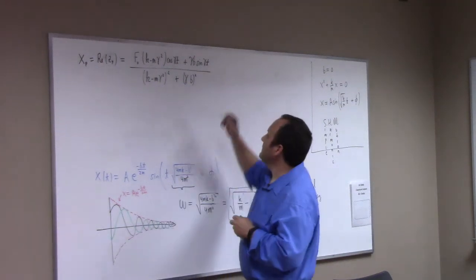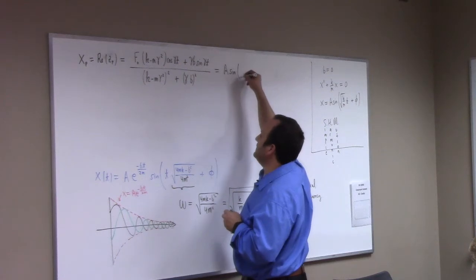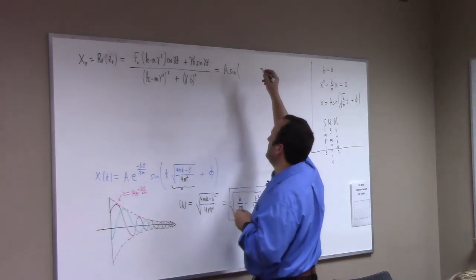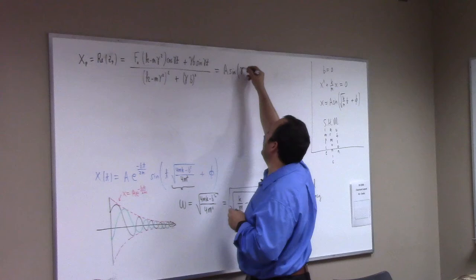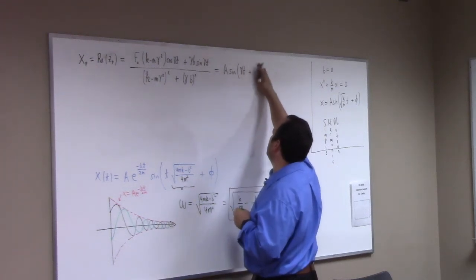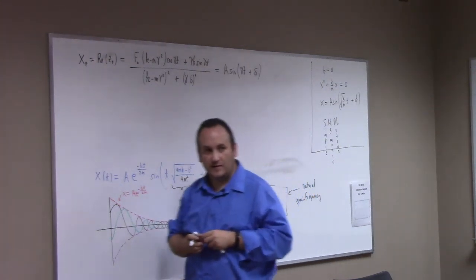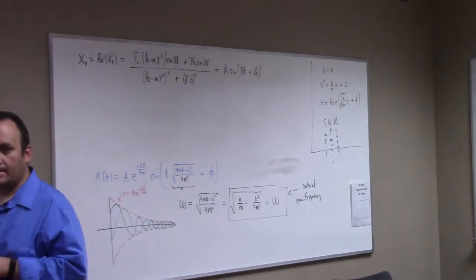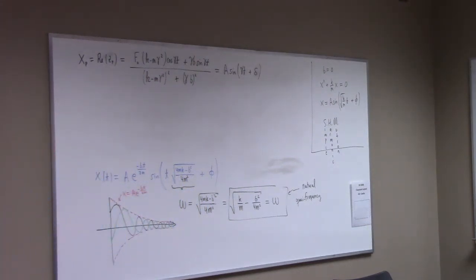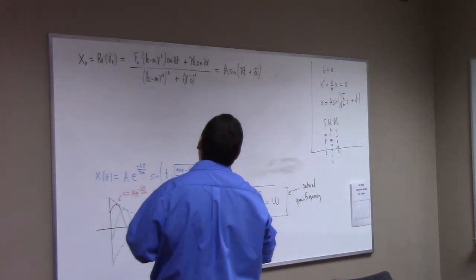Now my claim is that that is equal to A sine of gamma t plus some phase angle, let's call it delta. I don't want you to think it's the same as the phi that I used over there. How do you think A is related? Here's the bit of trigonometry that you might not be aware of.